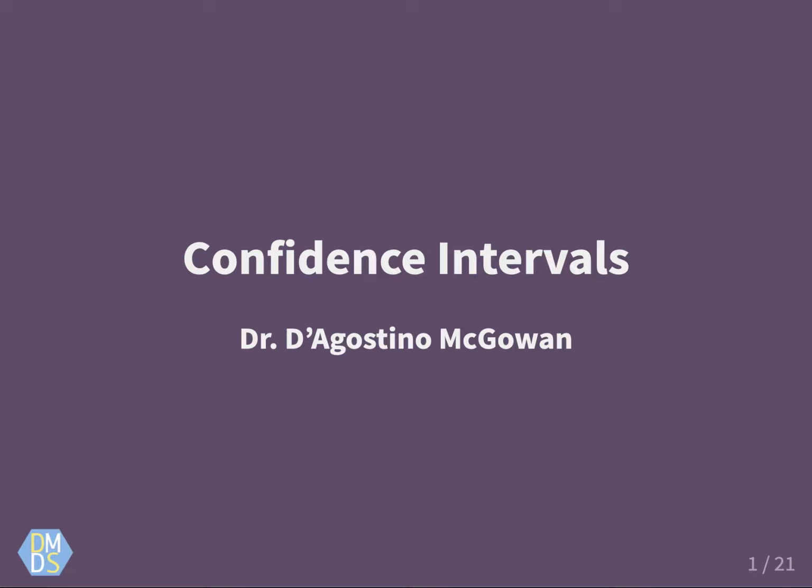For example, I know a lot of times it's taught as, we are 95% confident that the true value falls between X and Y. And that word confident has a lot of baggage to it.